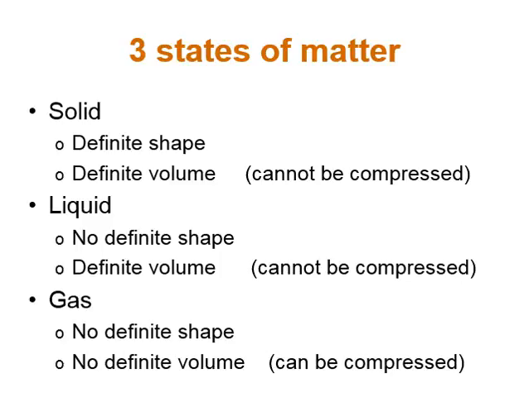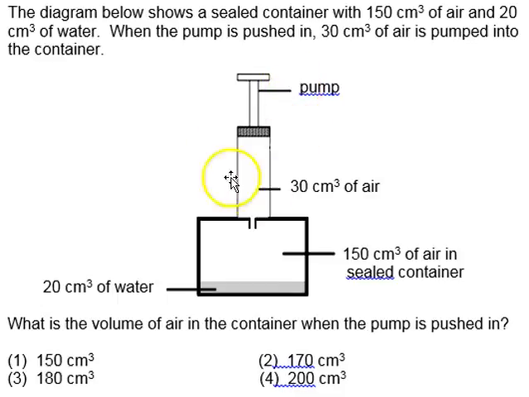All right, so let's look at the question again. Now you have a sealed container with 150 cubic centimeter of air sealed in it and 20 cubic centimeter of water. So a total of 170. The sealed container has 170 cubic centimeter volume.